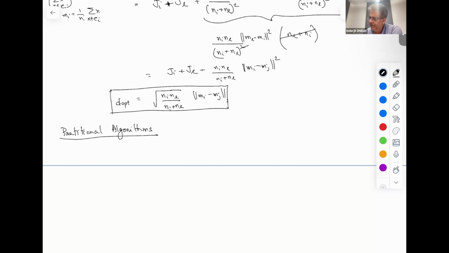These are sometimes called top-down clustering, as opposed to bottom-up clustering, which was the agglomerative algorithm. There's a very popular method which any machine learning student should know about, and that's called the k-means algorithm.